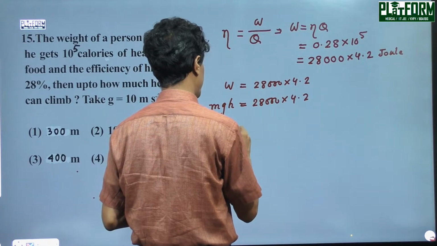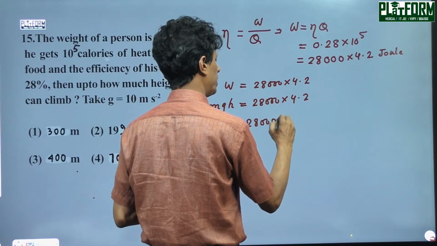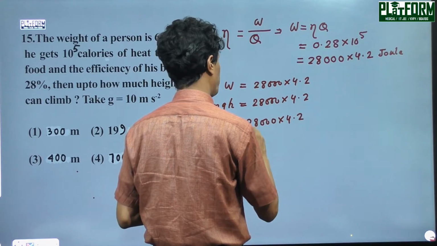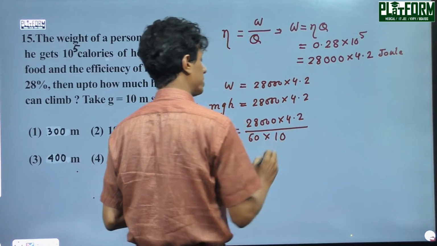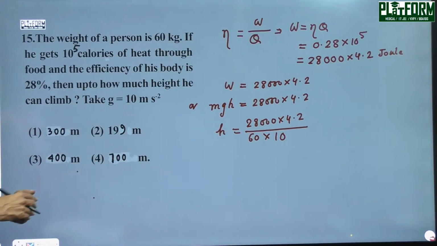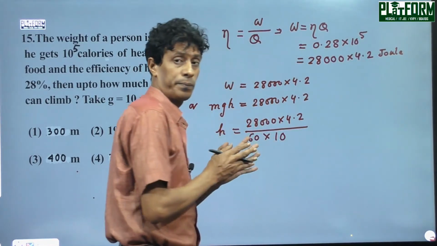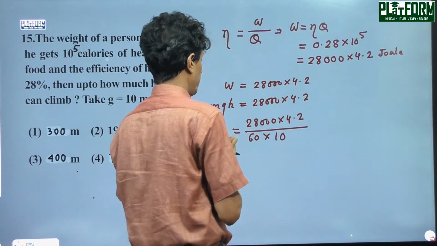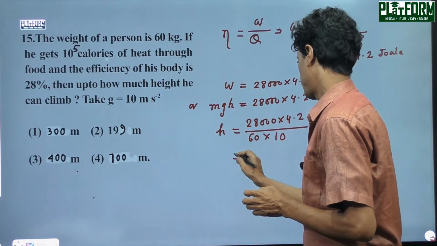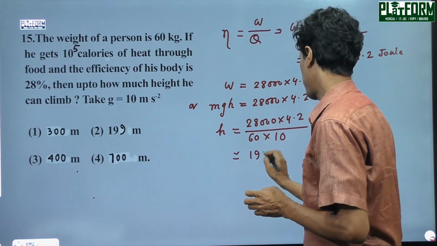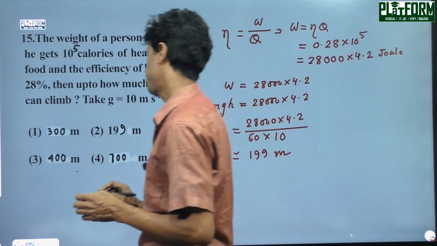So height attained by this person is 28,000 into 4.2 by 60, and the value of g is 10. So by simple calculation it becomes near about 199 meters.